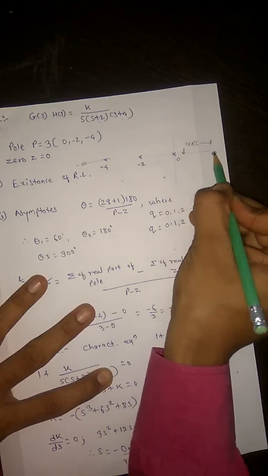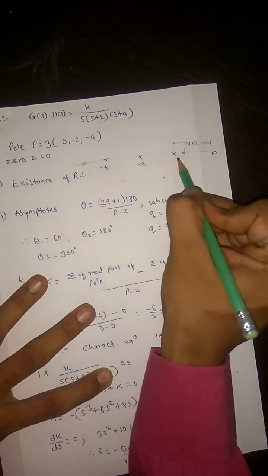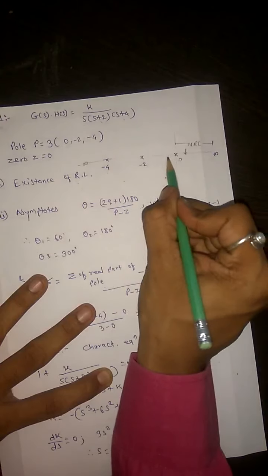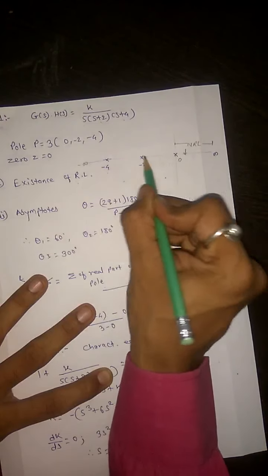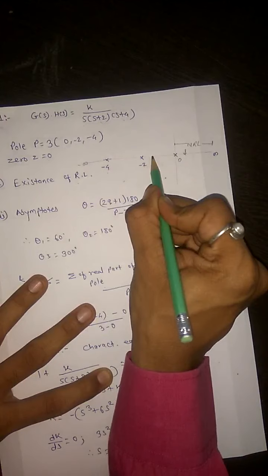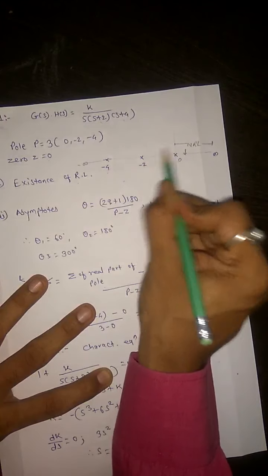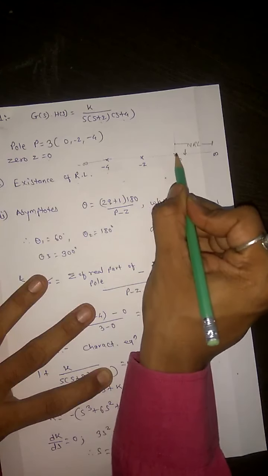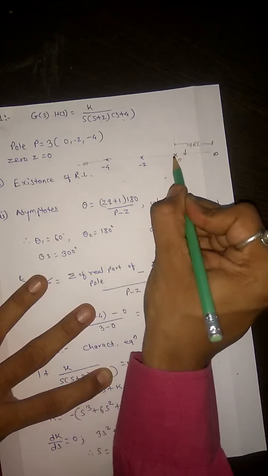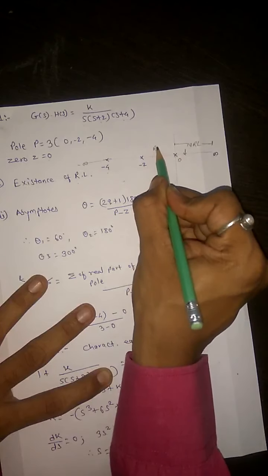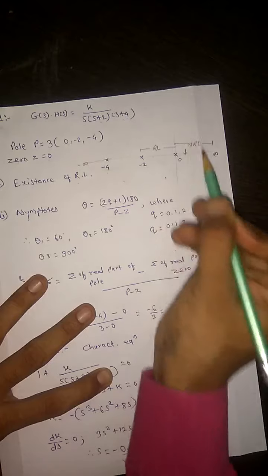Then region 0 to minus 2: put any point in this region and check on the right hand side. There is one pole, and one is an odd figure. If there is an odd figure, it is a root locus region. So this is root locus region.